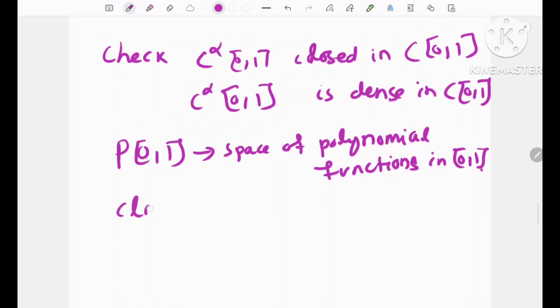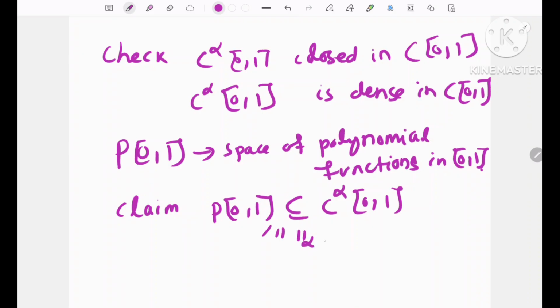Claim: P[0,1] is a subset of C alpha[0,1]. Here P[0,1] is with respect to the sup norm, and it is a subset of this space with respect to the alpha norm.